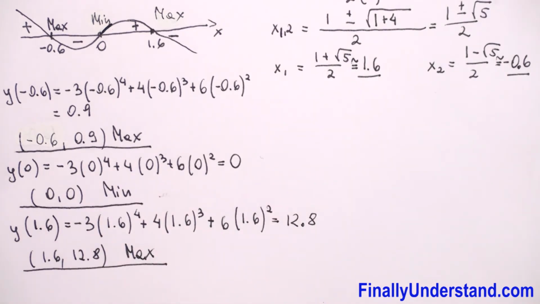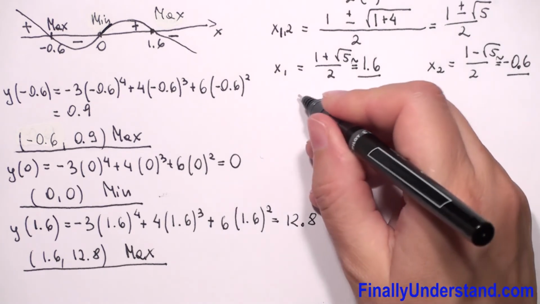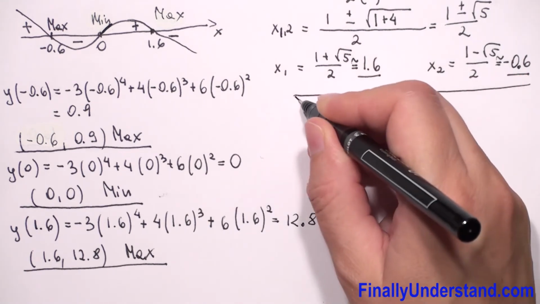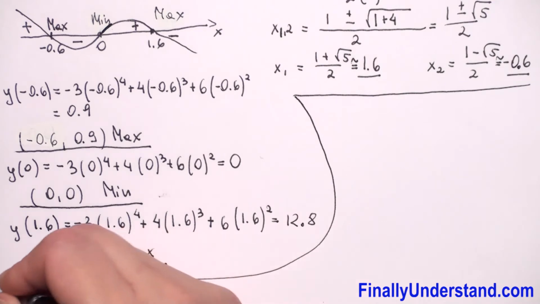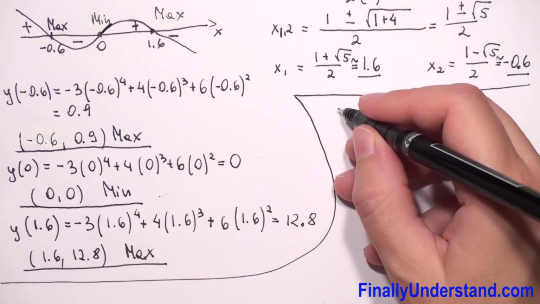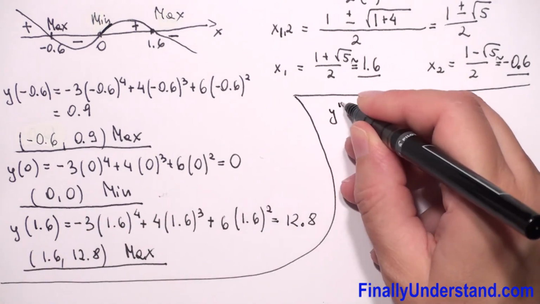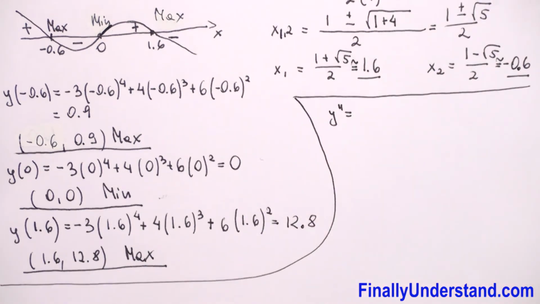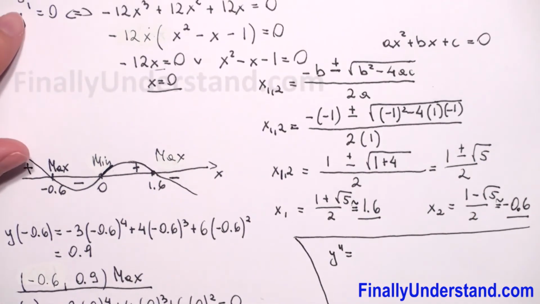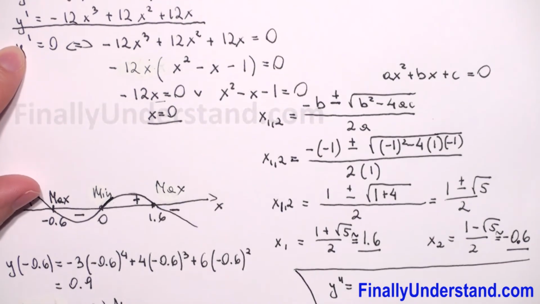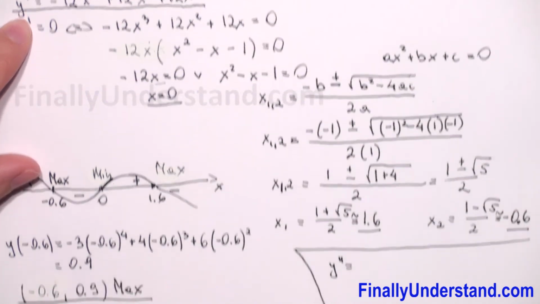Now we have to check if our function has inflection points. Let's use this space. So we need to find the second derivative first. So we have to find the derivative of our first derivative. This is our first derivative.